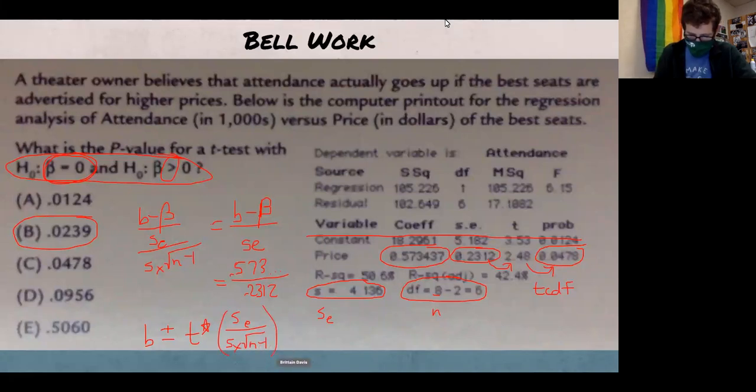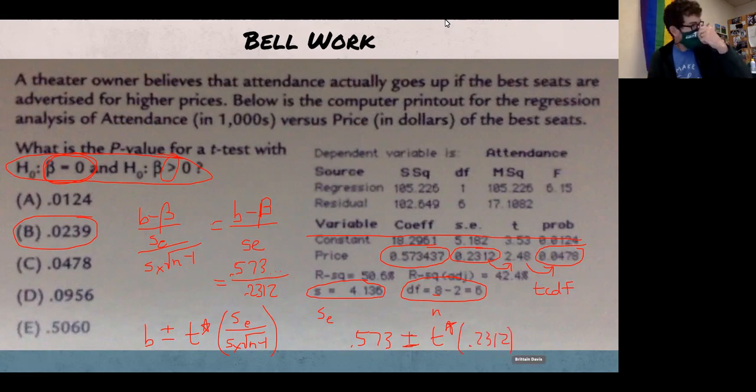And again, in our case, B is already given, it'd be 0.573 plus or minus whatever t star value we have times 0.2312. Yeah. So could you explain the difference between those two tests and what they find?